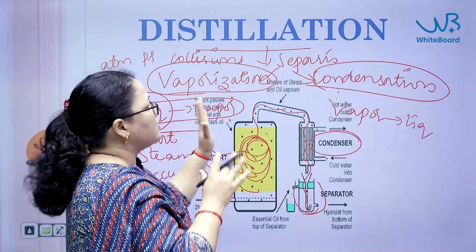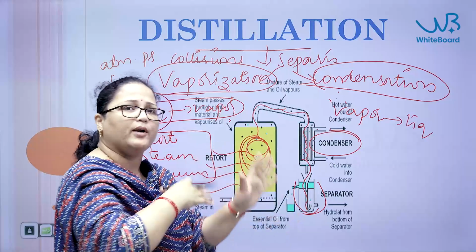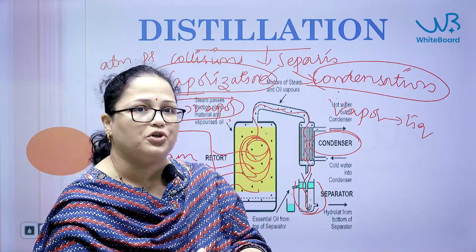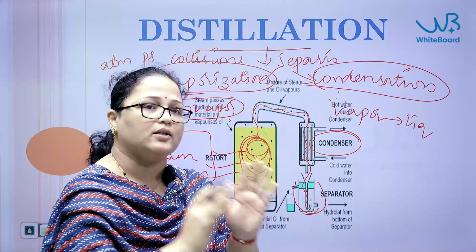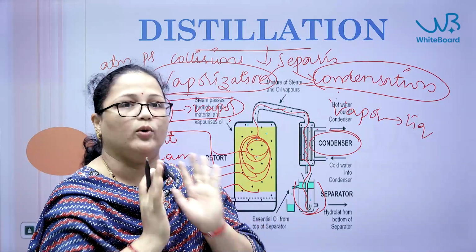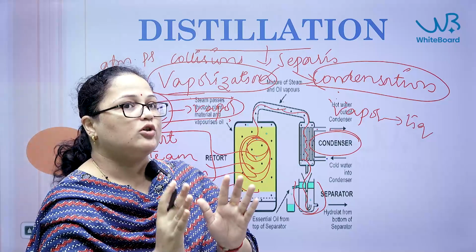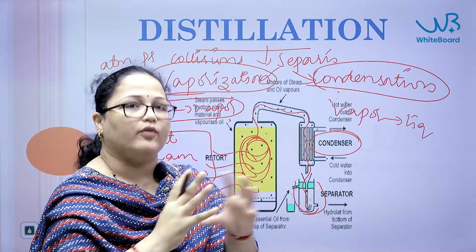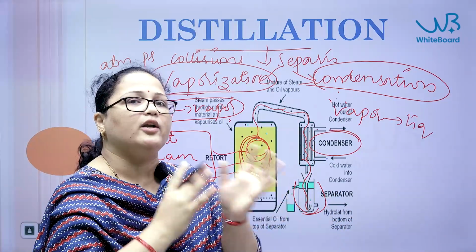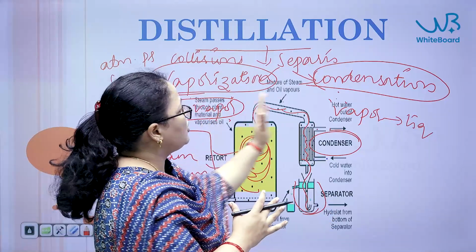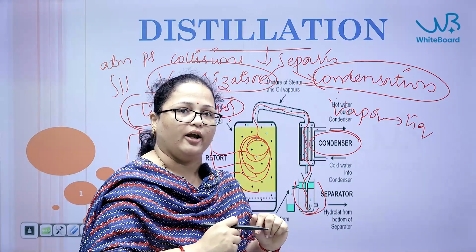You have to remember this, because all of this is the principle commonly employed in all types of distillation processes. For that sake, I am explaining in detail in the starting slide only. So distillation is a separation technique used to separate liquid components. If you take any blend of components, it can be separated into the individual components by using a vaporization technique as well as a condensation technique.